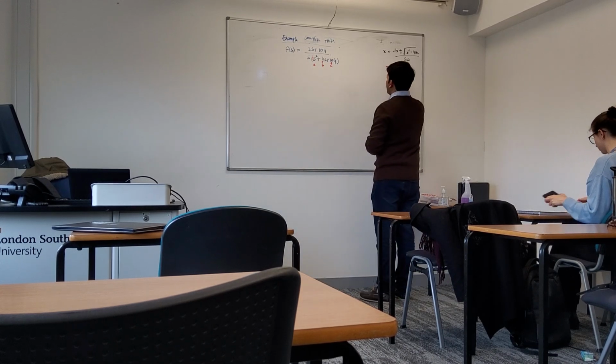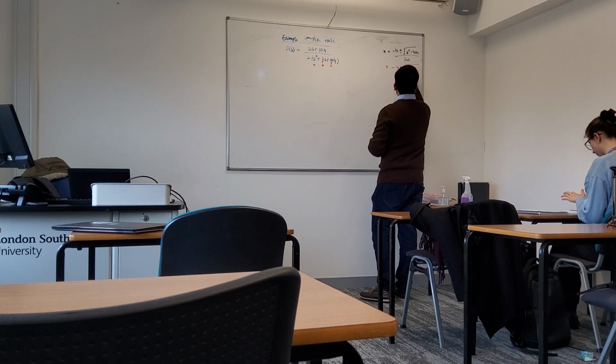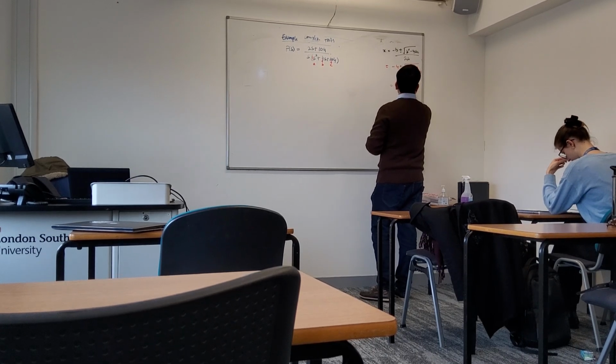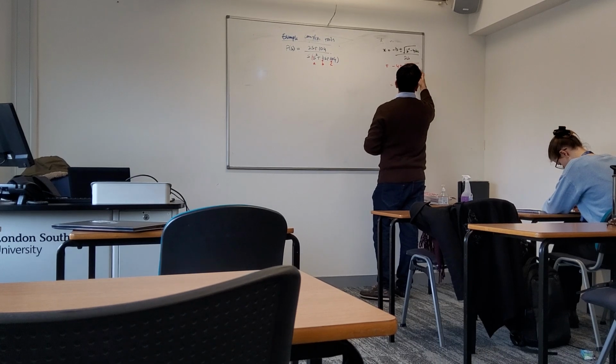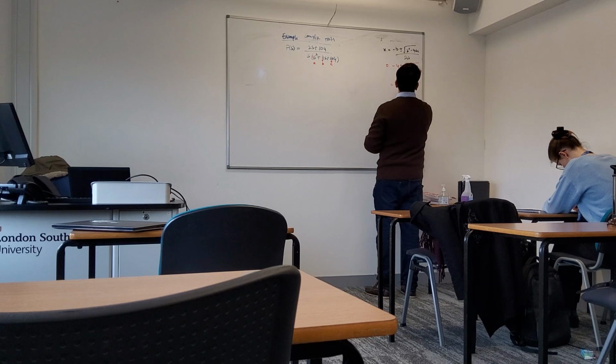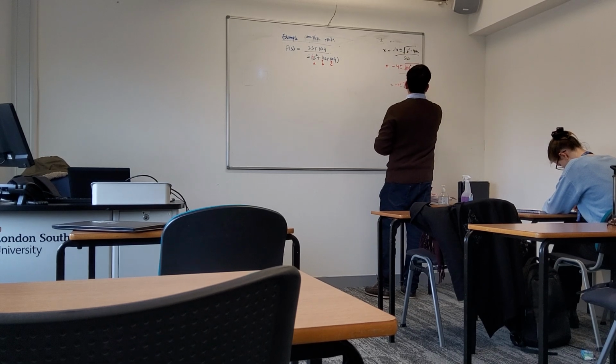If I put it here, it is minus 4 plus minus under root 4 squared, that is 16, minus 4 times a, which is 1, times c, which is 104, divided by 2 times a, which is 1. So it would be minus 4 plus minus under root 16 minus, how much is 104 times 4? 416.